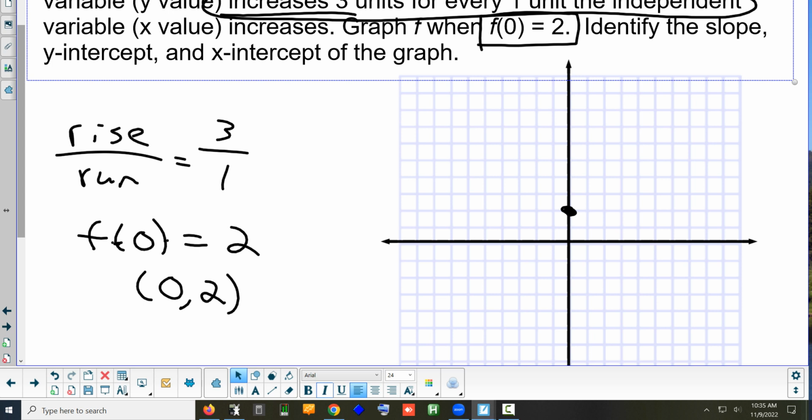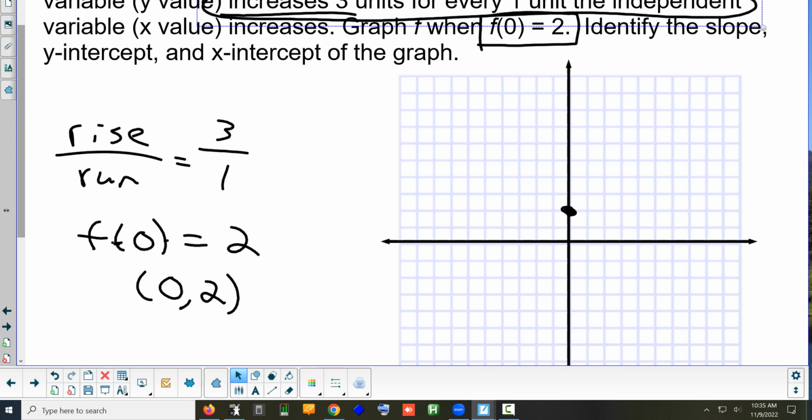2. And now from the 2, how do I get another point? What are my directions to get another point? Yeah, Abby? Up 3 over 1. Yeah, the y value goes up 3, and the x value goes over 1. Up 3 over 1.